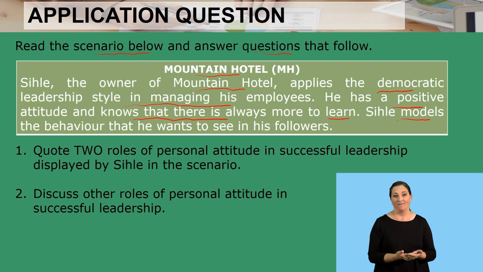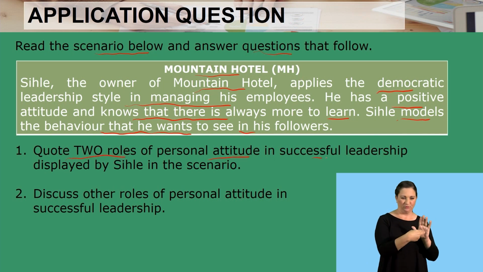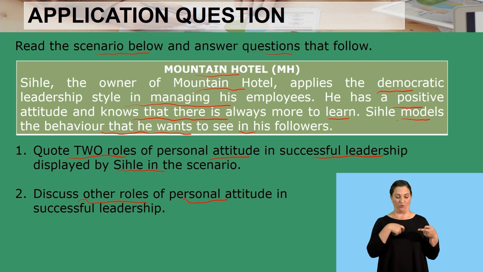Sihle models the behavior that he wants to see in his followers. Question 1: Quote 2 roles of personal attitude in successful leadership displayed by Sihle in the scenario. Number 2: Discuss other roles of personal attitude in successful leadership. So that is your question.